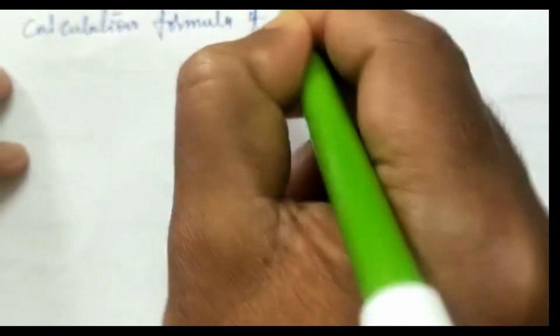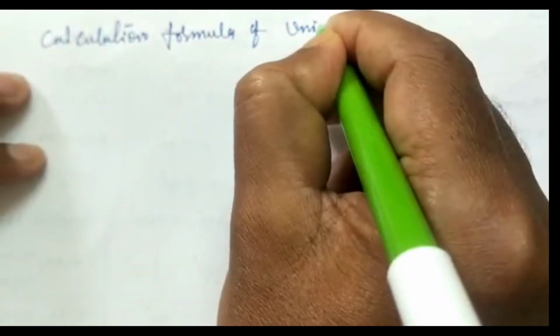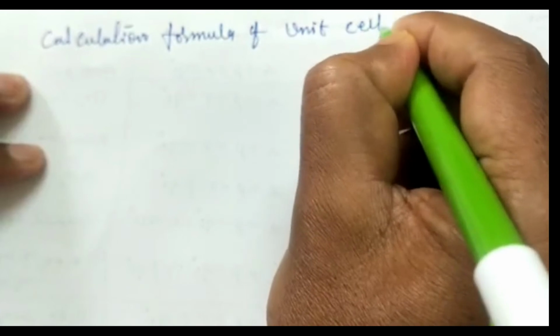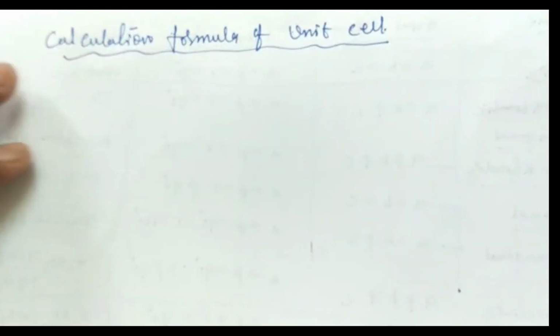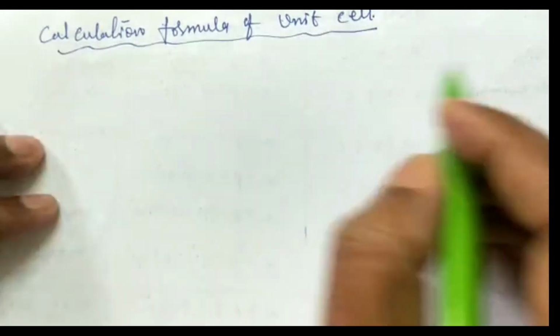Now, calculation formula of unit cell. This is very, very important. Let us see a simple cubic unit cell.